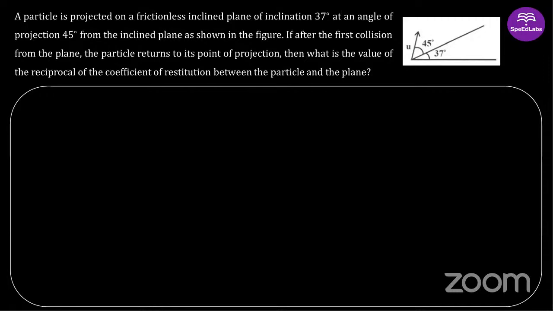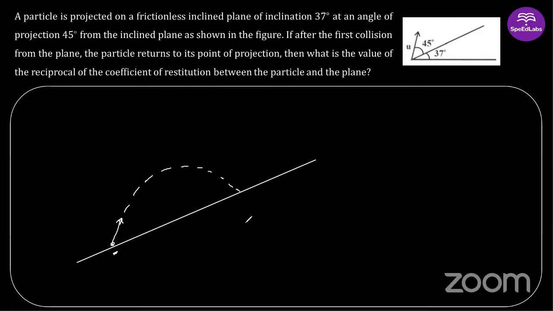So here is the thing. Basically, the particle is coming back to its original position again. This is an inclined plane, and the particle is going like this at an angle of 45 degrees. It hits the plane, and when it comes back, it returns to the same position.